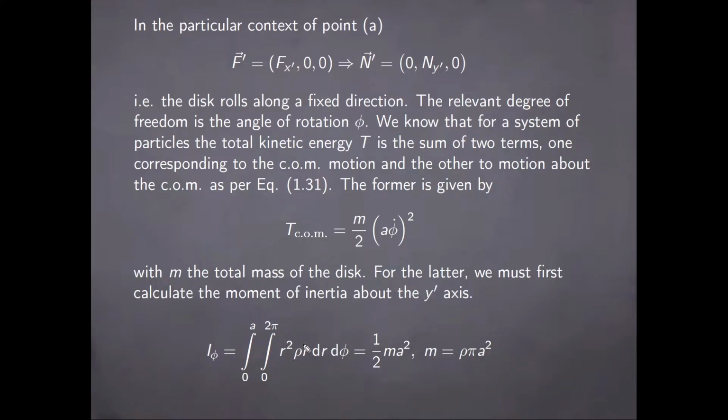And for a constant density, this integral is really simple, and the result is the one given here, 1 over 2 times m times a squared, where m is just the constant density multiplying the surface area of the disk, which is just pi times the radius squared.